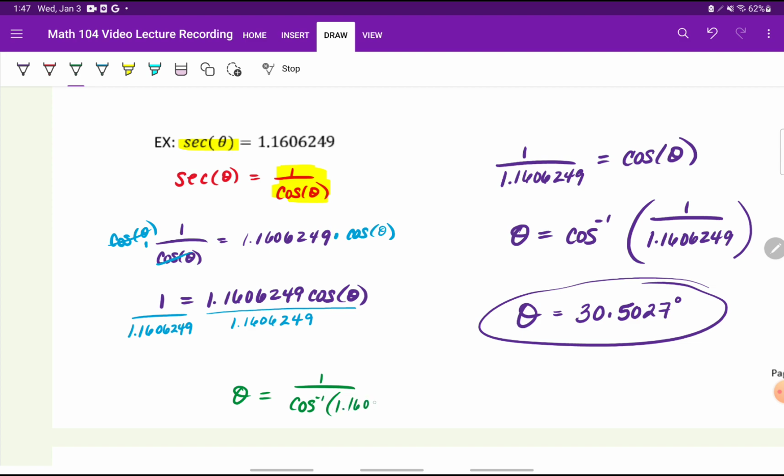And a lot of times you're going to get an error with this. So sometimes your calculator catches your mistake that this is wrong, but not always. So just be careful with that, we need to step it out kind of this way. And you don't necessarily have to show me all those steps, but we definitely need to be going through those thoughts as we're finding our theta value.